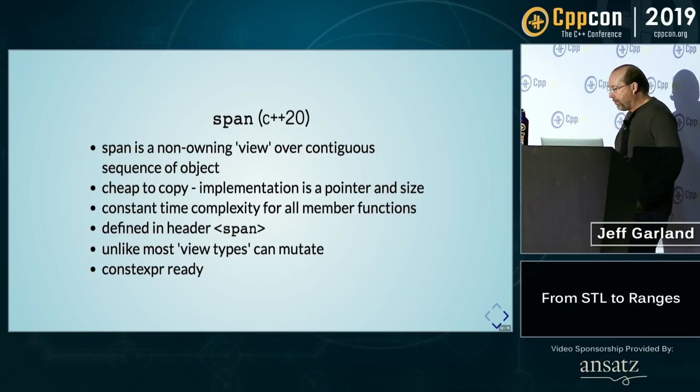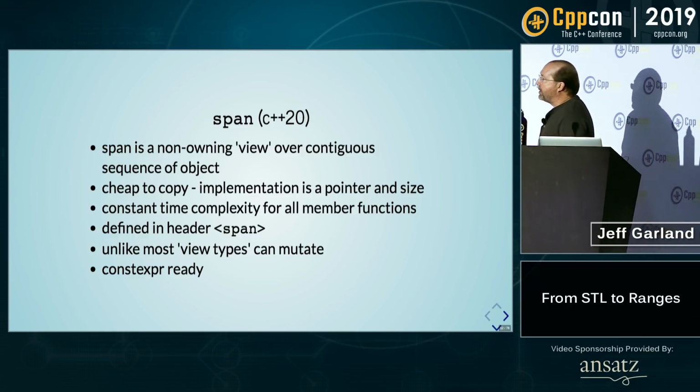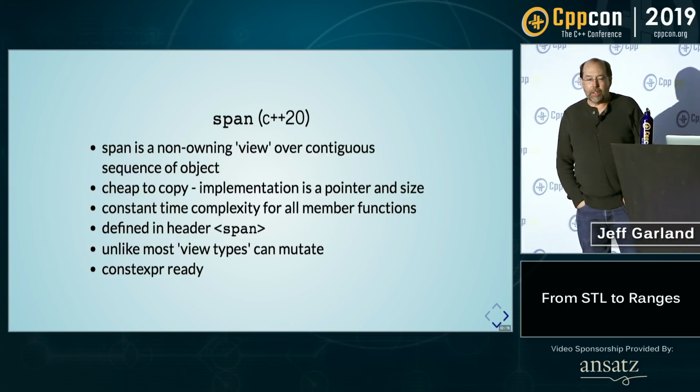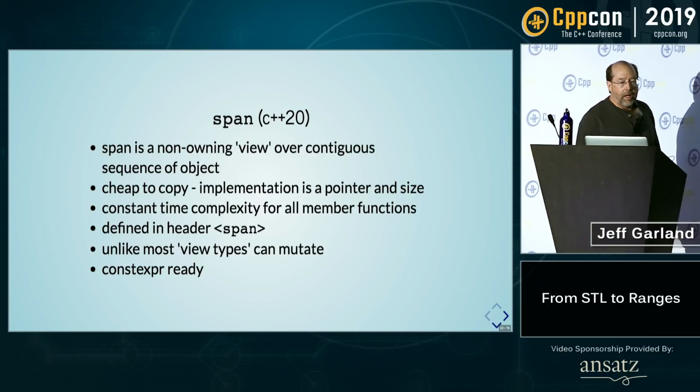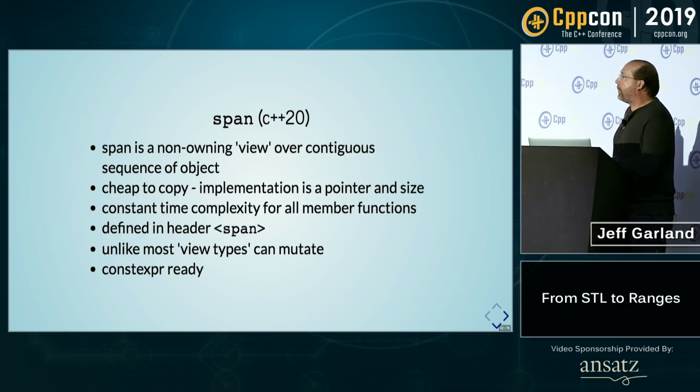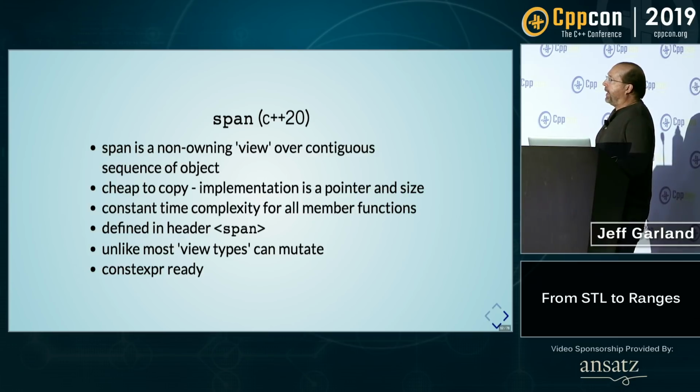But I will talk for a minute about span because it is new. And span is a template in a new header called span. And it takes a parameter T, so it's a span of a certain type. And again, to be satisfying view type behavior, it has to be cheap to copy.